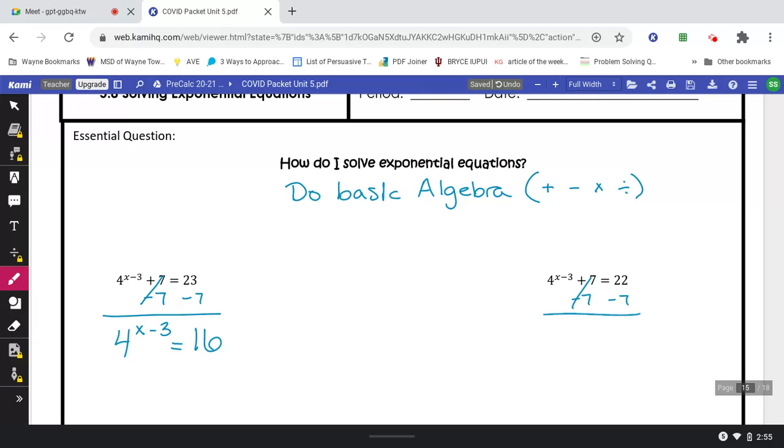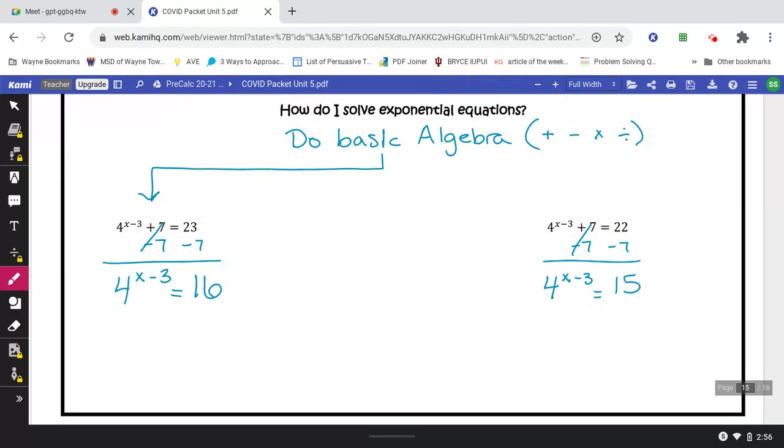On the other side, we have a similar process. 22 minus 7 is 15. Now, moving forward, if you can take the two numbers, meaning the 4 and the 16, and make them the same base, I would suggest doing that.